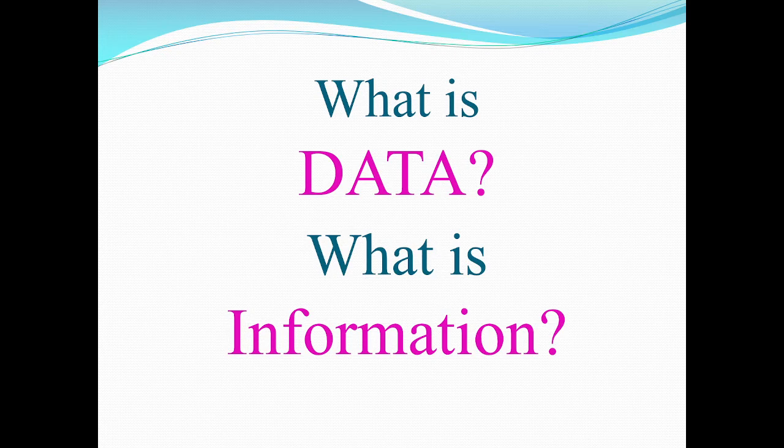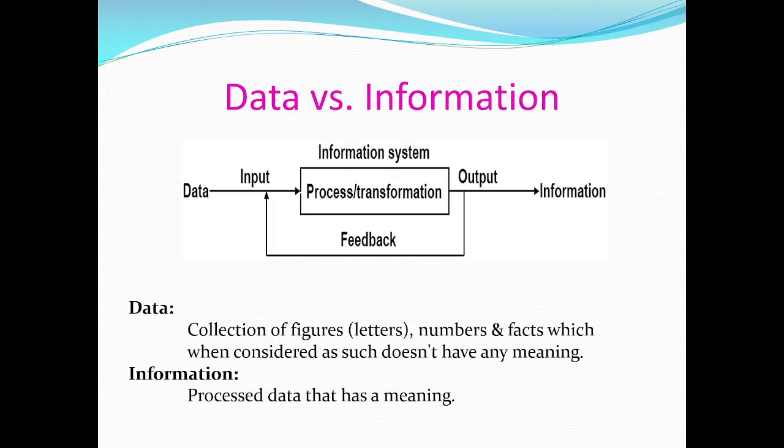So in this example, this ordered data is nothing but information, which can be used further. Whereas when I was collecting the facts from the people in a very irregular manner, that collection can be termed as data. With the help of these two examples, now I want to define these two terms, data and information.